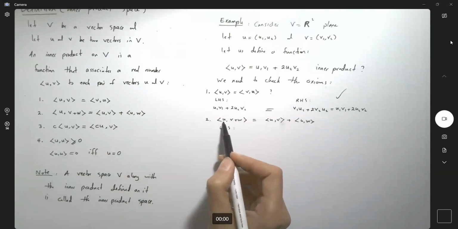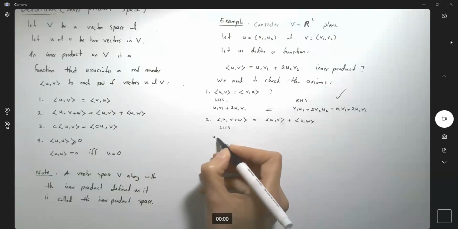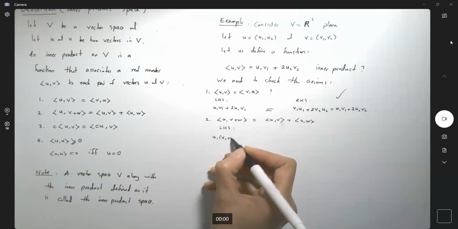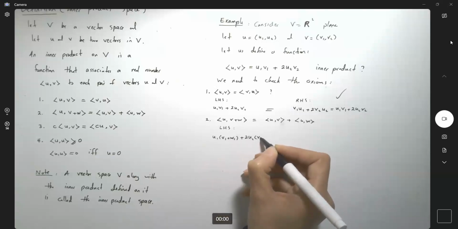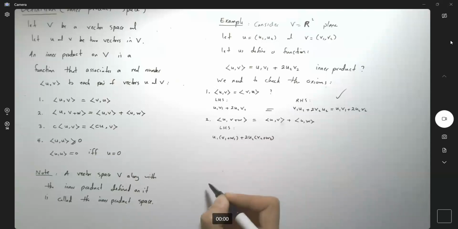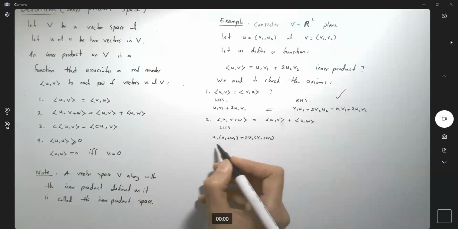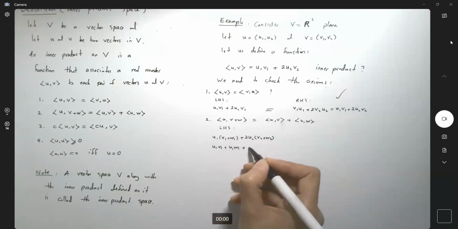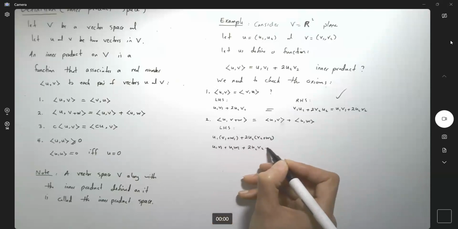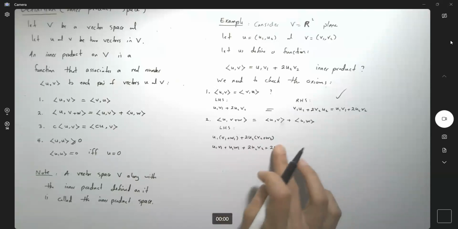If you need to find the inner product between U and V plus W, this guy becomes U1, V1 plus W1 plus 2 times U2, V2 plus W2. You can write this in expanded form, right? This is just U1 V1 plus U1 W1 plus 2 U2 V2 plus 2 U2 W2. This is my left-hand side.